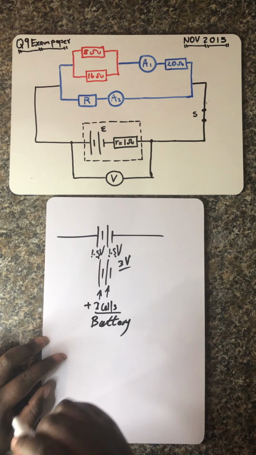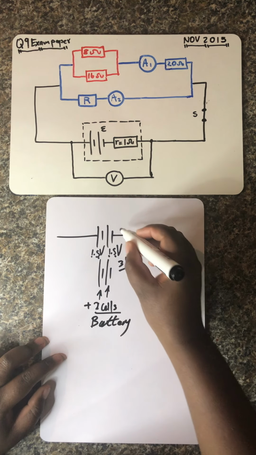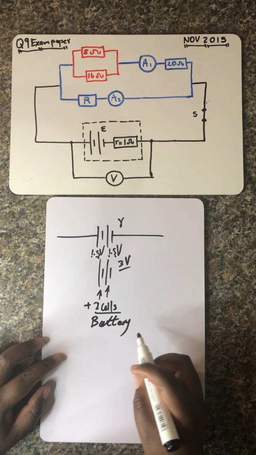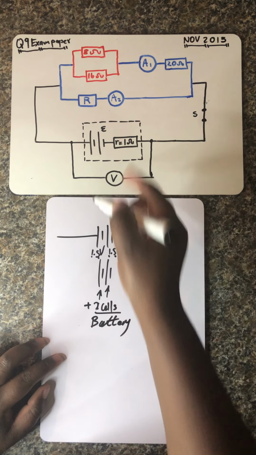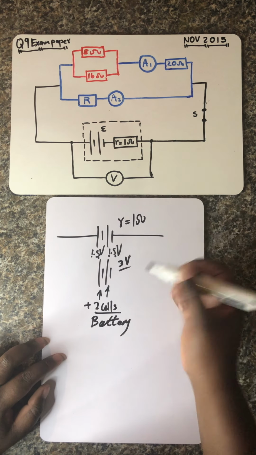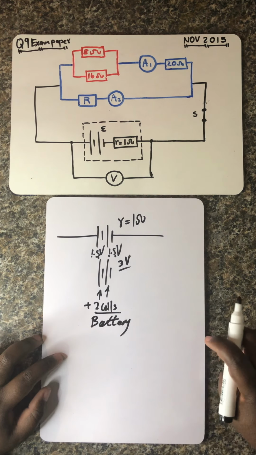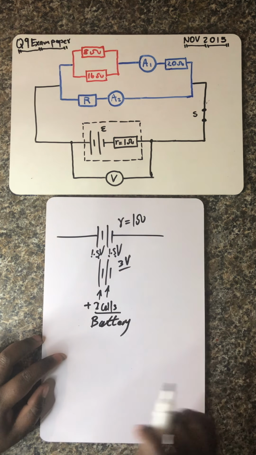What is meant by internal resistance, which is represented by a small r, in this case is 1 ohm. It could be 0.5, it could be 0.8, whatever number it is.